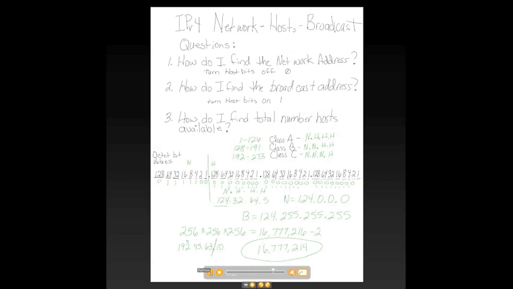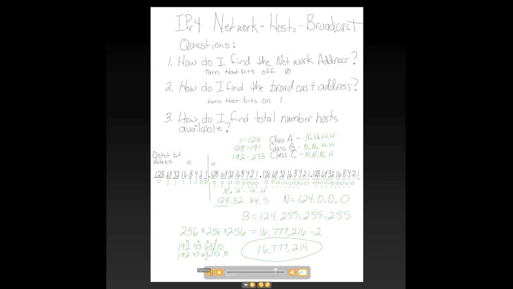These all belong to the network. So those stay constant. So we know our network address is going to be 192.45.63. If we change all of the host bits to 0, .0 is our network address.